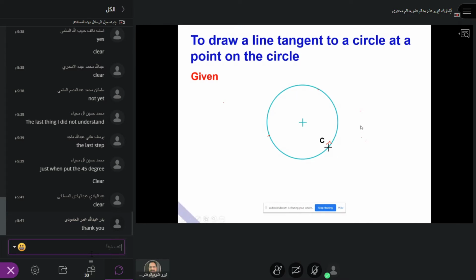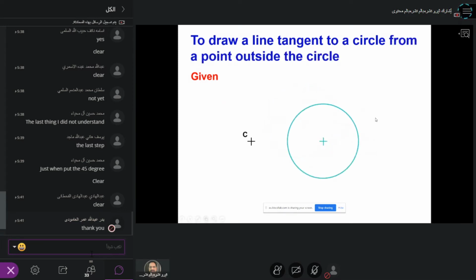Then by using the tri-square, first join these two and then just slide it all the way such that the triangle will be parallel to this point on the line, and now you join it. This is the tangent at C on the circle.